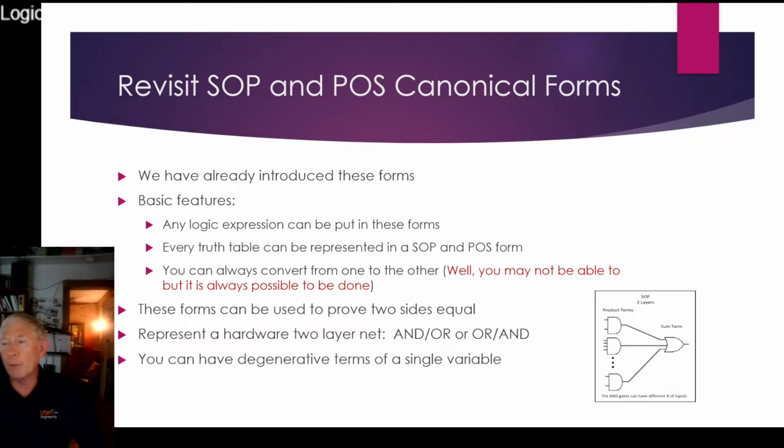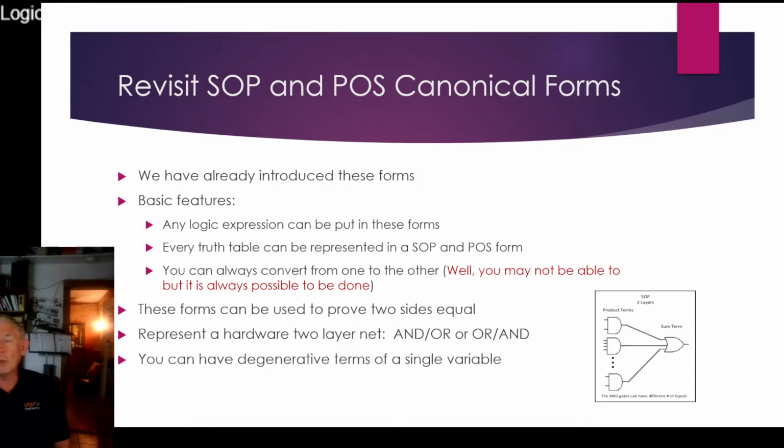So every truth table can be represented in an SOP form and a POS form, and they should be exactly equal to each other. Now, we'll often look at both possible outcomes and pick the simplest. If we're going to convert it to NAND gates, which are easier to synthesize than ANDs and ORs, we'll use the SOP form.